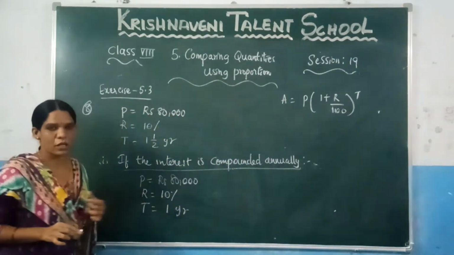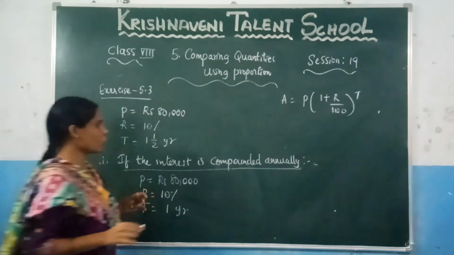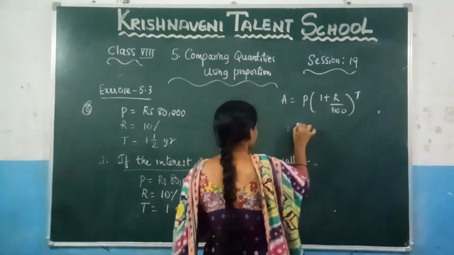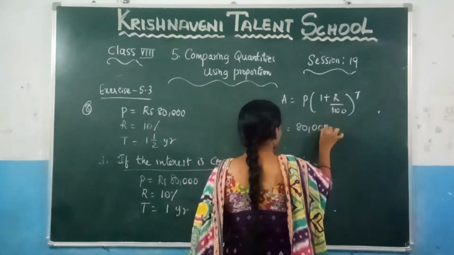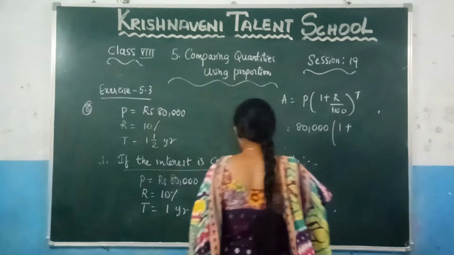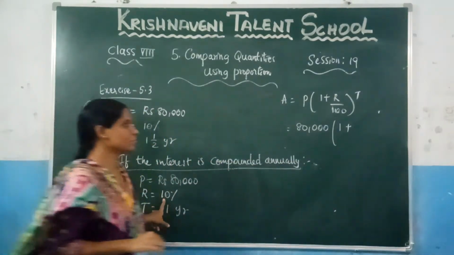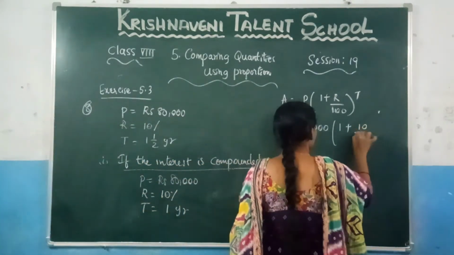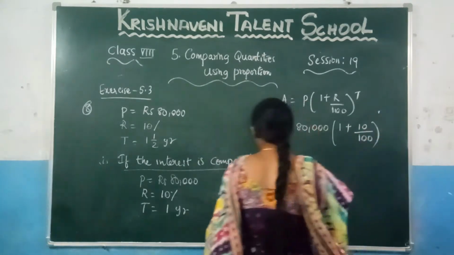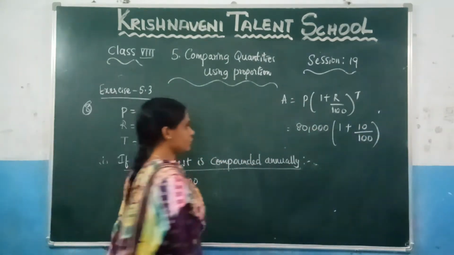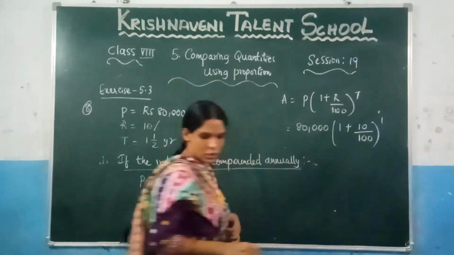So let us substitute all these values here. What is the value of P, which is 80,000, into 1 plus R value 10 by 100, time period 1 year. So let us solve this one.